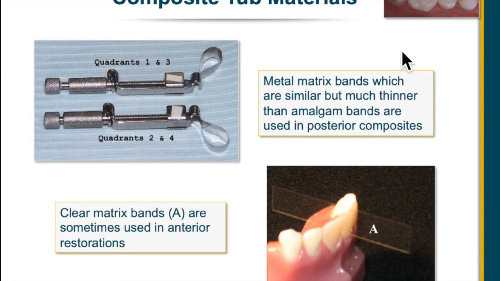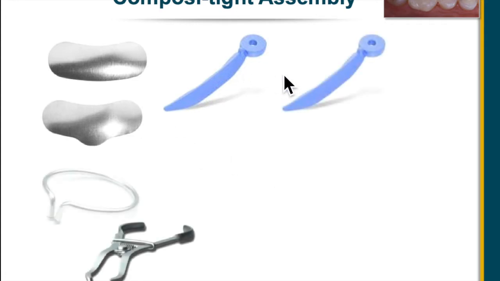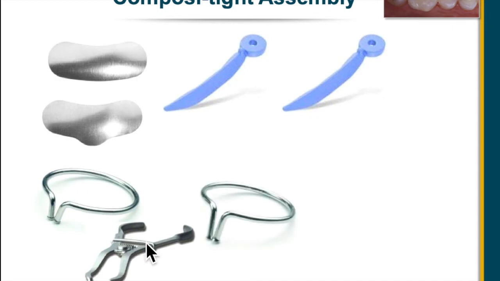So you will probably use a Tofflemire or some sort of matrix band. You may use a clear matrix band, especially for anterior teeth. So you might use a composite assembly, and it has many parts. So it has matrix bands and wedges and rings and pliers for the rings.